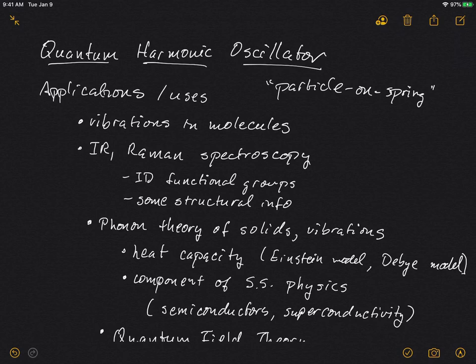And vibrational spectroscopy includes infrared and Raman spectroscopy.